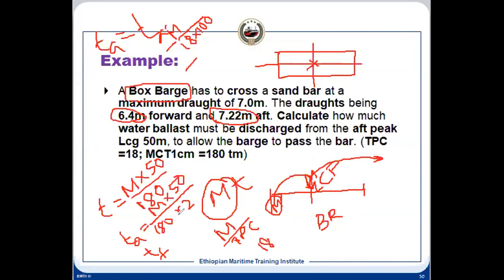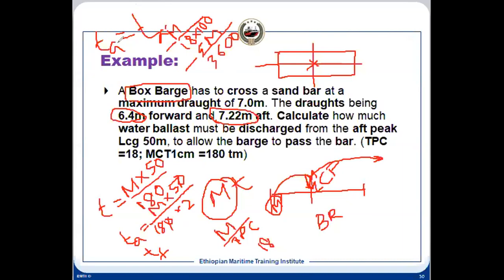So in that case, you will get 5M by 36 divided by 100, because it is in centimeter. So it will be 5M by 3600. Now the TA is known to us, M is unknown.